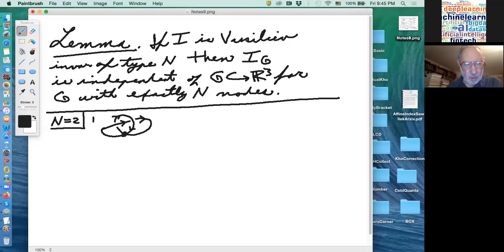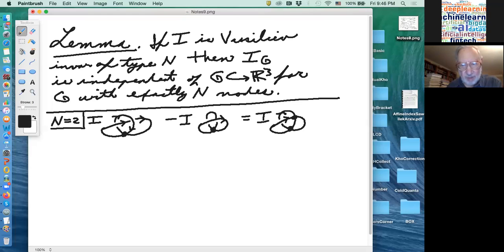And I know, according to our rules, that I of this minus I of, and we'll switch a crossing, is equal to I of this, 2 nodes. And this is supposed to be of type 2.